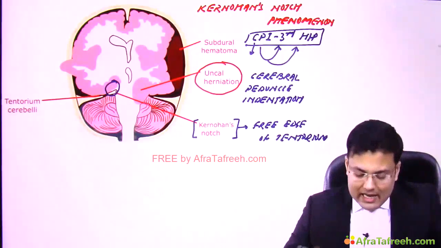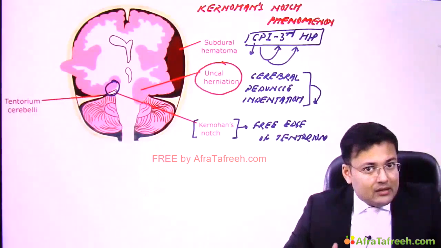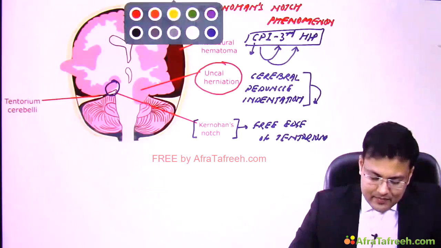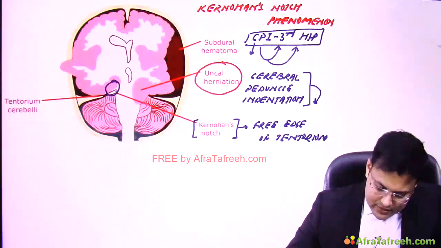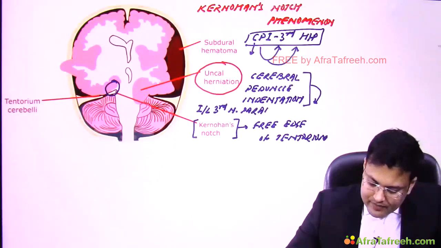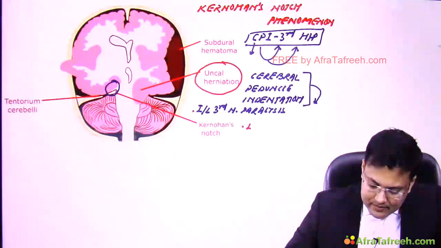So there is contralateral cerebral peduncle indentation, and it leads to ipsilateral third nerve paralysis and ipsilateral hemiparesis. Clear? Now you will not forget.